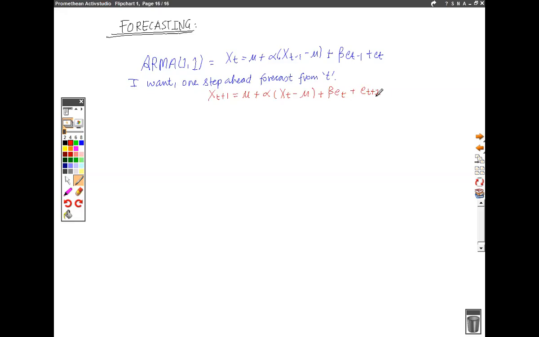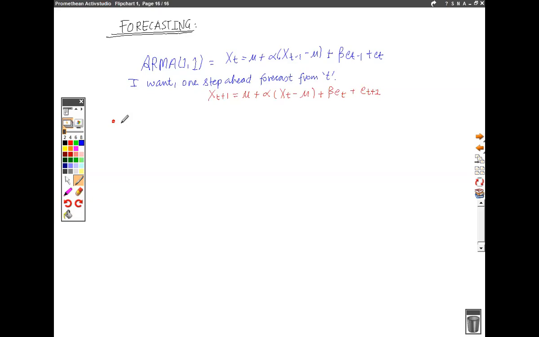Okay, so the very first step is you replace all the unknown parameters by their estimated values, which you have just estimated in the previous steps.